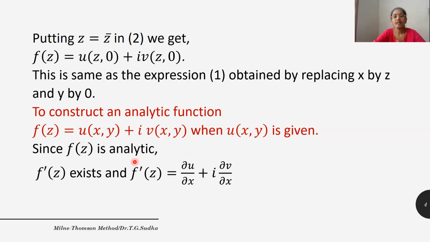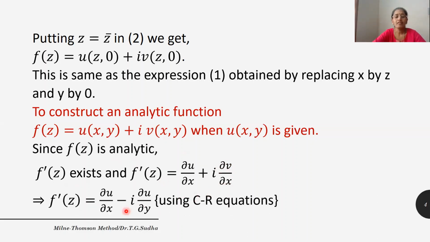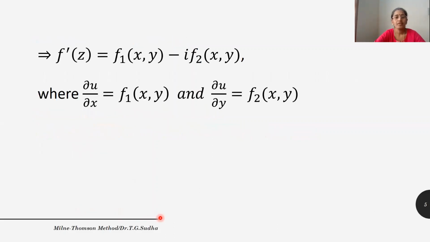Since f of z is analytic, it has to satisfy the Cauchy-Riemann partial differential equations. Therefore, this dou v by dou x can be replaced by minus dou u by dou y. That is one of the conditions in the CR equations. Therefore, f dash of z now becomes dou u by dou x minus i into dou u by dou y.